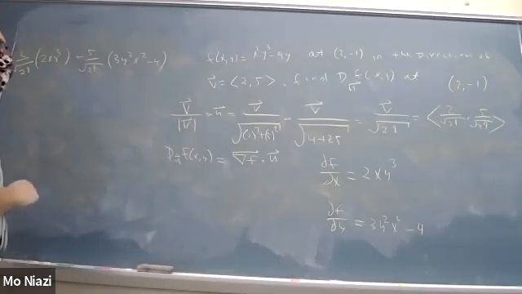Okay. But we aspire to know what it is at 2, negative 1. So we replace all x's with 2 and all y's with negative 1.